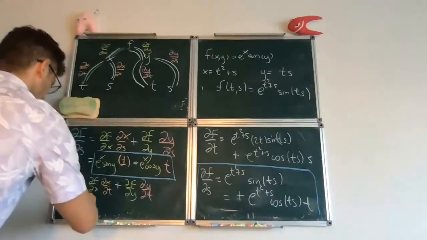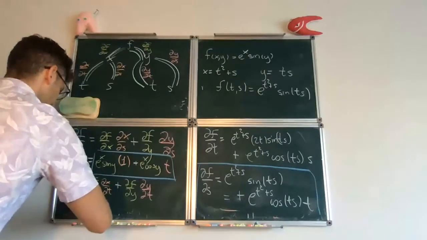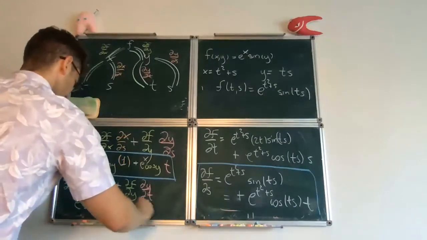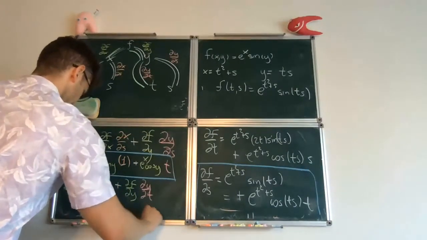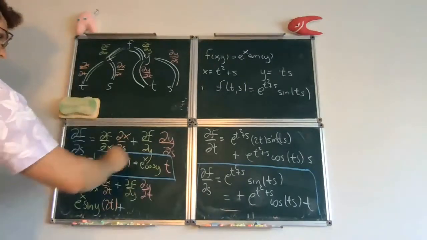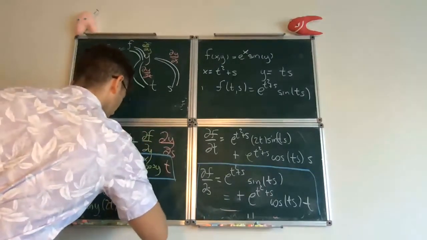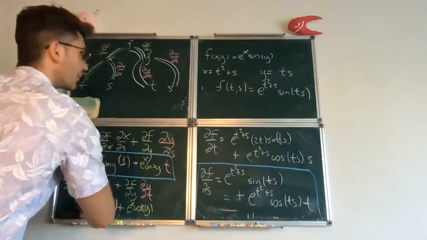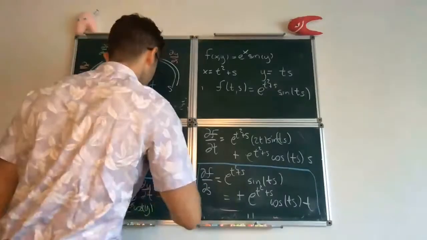Now this we already computed before. Partial of x with respect to t is 2t. Partial of f with respect to y we computed before. And the last one, partial of y with respect to t, is s.